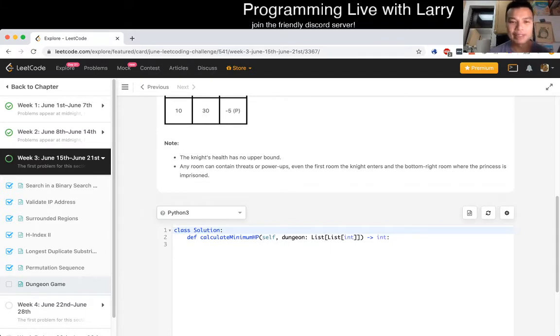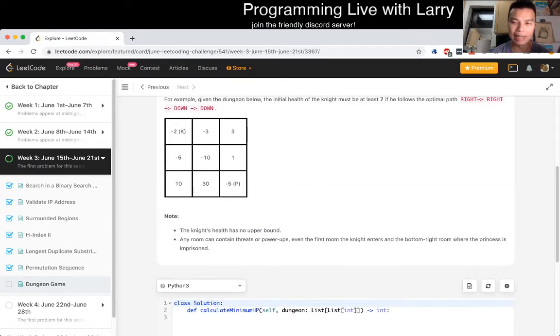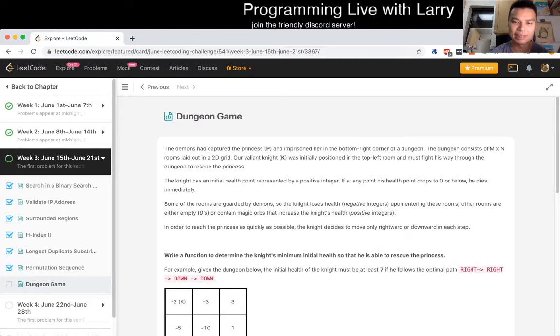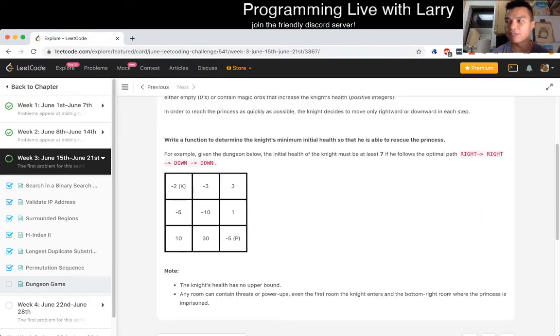The trick observation in this problem, and I think I've done a similar problem in the past where it didn't work out for me, is that in a lot of dynamic programming problems, at least the ones on Leetcode, you could solve them symmetrically.